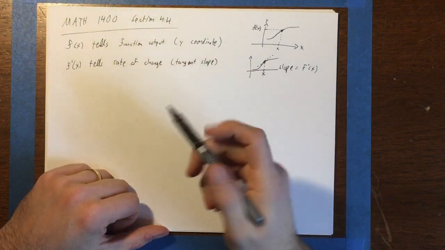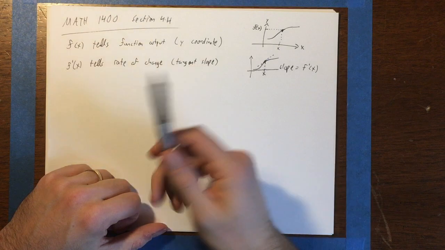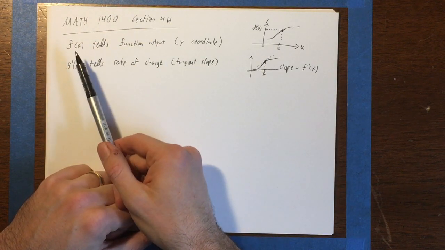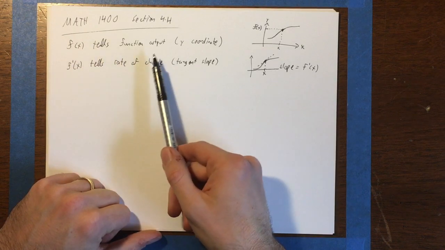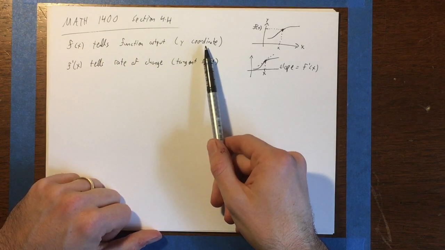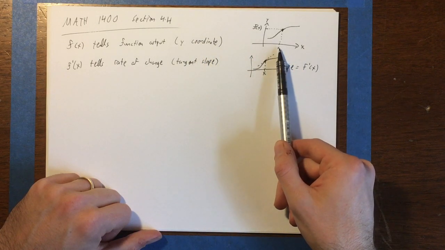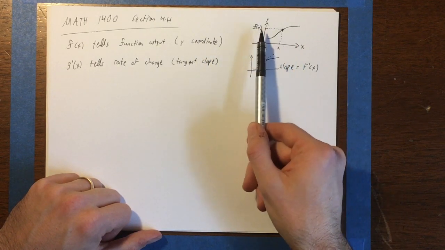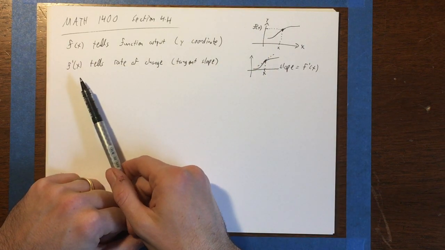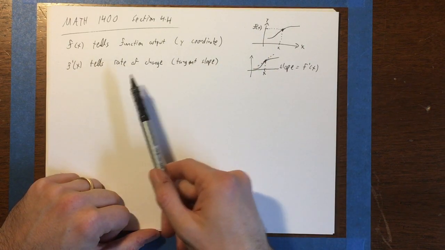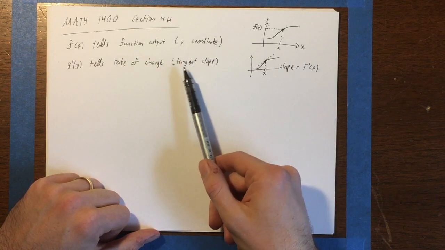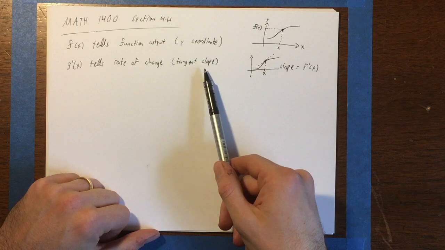So let's go over what we know so far. And this is just going all the way back to chapter 3, right at the beginning. If f of x tells us the function output, in other words, the y coordinate of a point on the graph of the function, like in this little picture here, then f prime of x tells us the rate of change in that output with respect to the input, which is the tangent slope, rise over run.